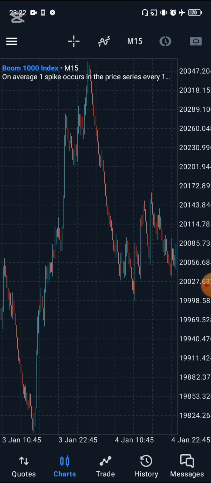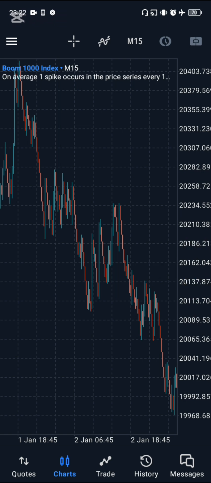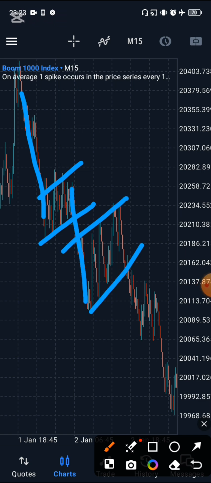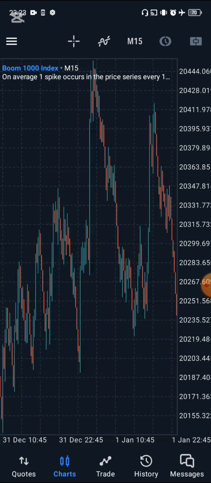So tell me what you think. Is this strategy even worth it? Right over here, I can actually spot a lot. Impulsive move, consolidation, enter again, impulsive move again, consolidation, impulsive move, consolidation, impulsive move. So you can just simply wait for these flags over here, and you'll be able to enter the market.